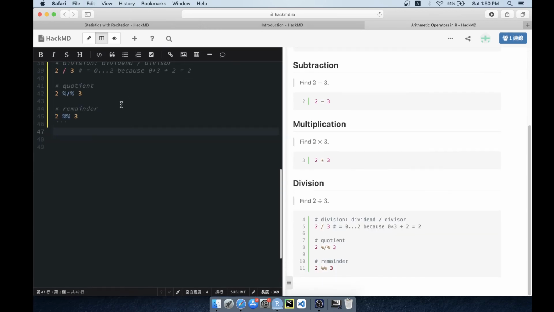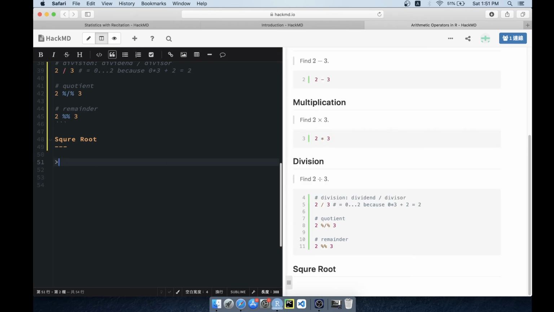Okay, and next we want to find the square root. How about finding the square root of 2?